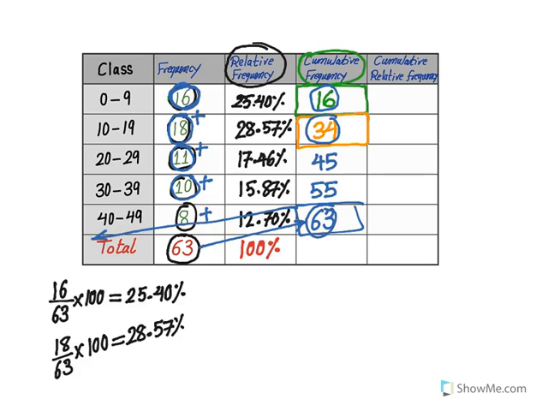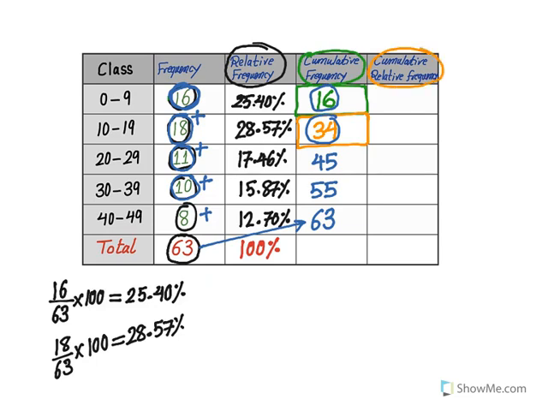How many data values that we have are less than 50, or you can say less than or equal to 49? 63, which is the total number of data. So this finishes the cumulative frequency.